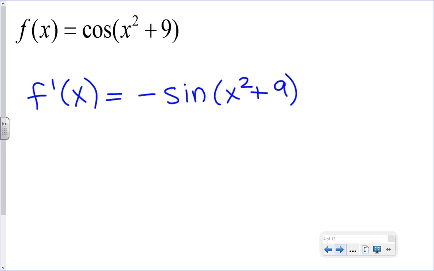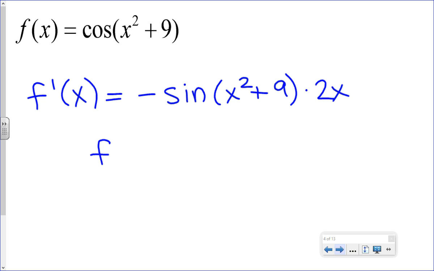But since x squared plus 9 is inside, we then, first of all, leave it alone, but then we multiply by its derivative, which is 2x. You're welcome to leave it like that.